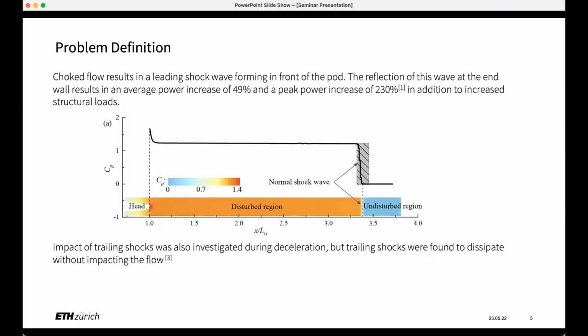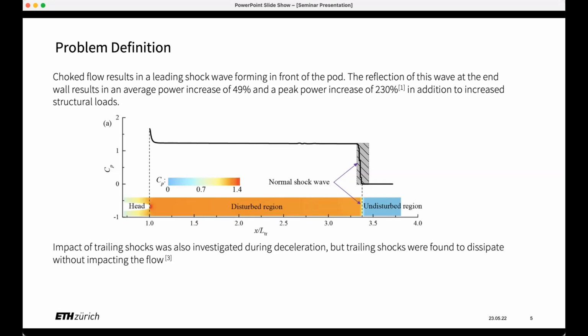So the problem definition: choked flow results in a leading shockwave forming in front of the pod. So essentially the flow cannot get away from the pod, or cannot pass through to the end of the tunnel quickly enough. So you get an accumulation of pressure in front of the pod, and this manifests itself as a shockwave.